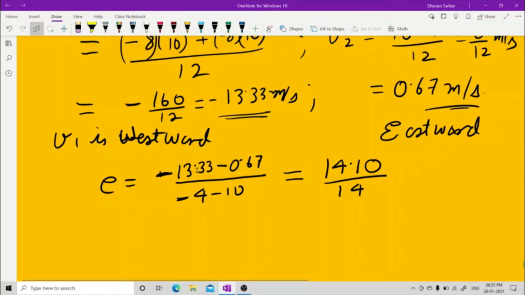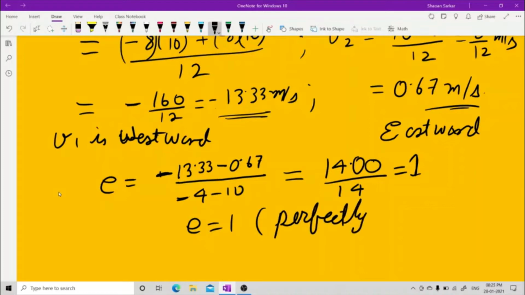So have I done the calculation somewhere wrong? Oh, that's right. I did a mistake, the calculation was wrong. So it came out to be 1. So when E comes out to be 1, it's perfectly elastic.